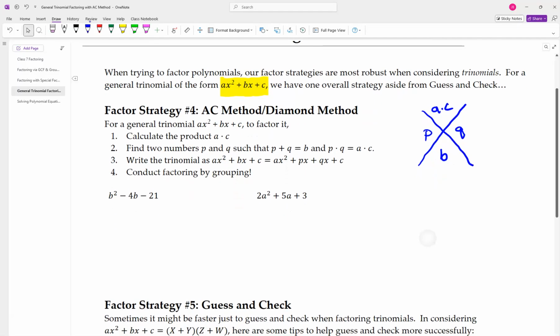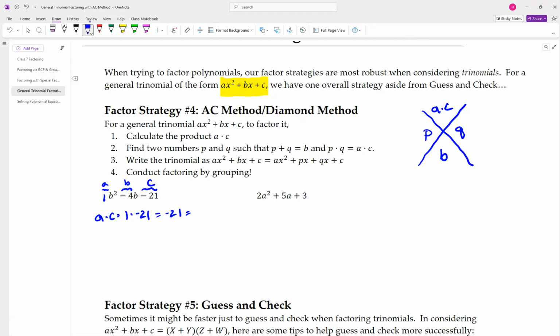So here what I would do is, okay, for the first one, I recognize that A is right here, so A is 1, and then B here is negative 4. Oh, that's an unfortunate choice, that probably should have been X's. And then C is this minus 21. So if I do A times C, that is 1 times negative 21. I keep the signs with it, and so that is negative 21.